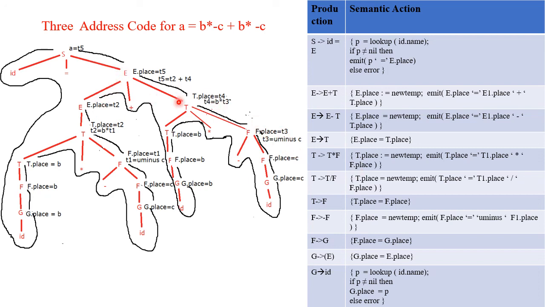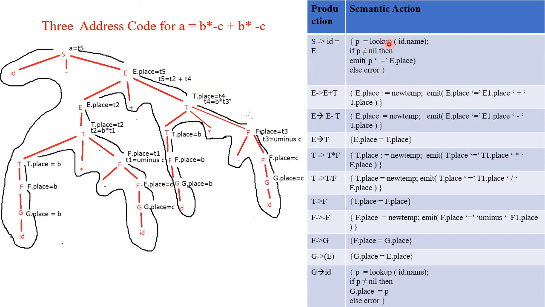Here E plus T, E.place equal to T5. The first operand is E1.place, which is T2, and T.place is T4. T5 is equal to T2 plus T4. And here S gives id equal to expression.